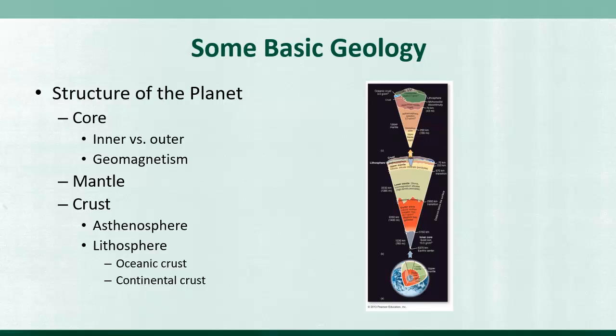And that takes place on a thin layer called the asthenosphere, upon which the solid crust rests and essentially floats and moves around. That's the lithosphere, the solid Earth, and it consists essentially of oceanic material and continental material, which will become important here in just a second.